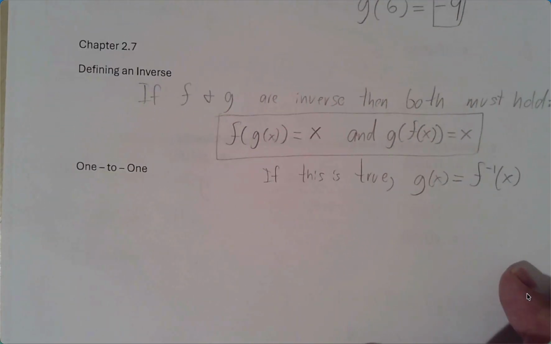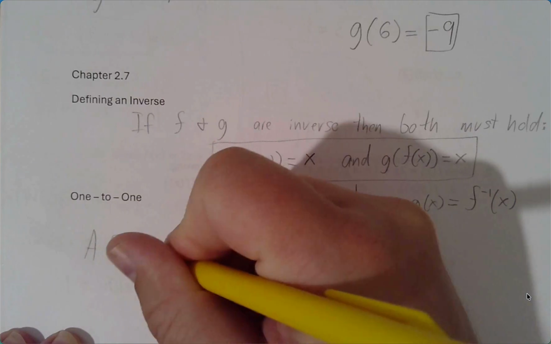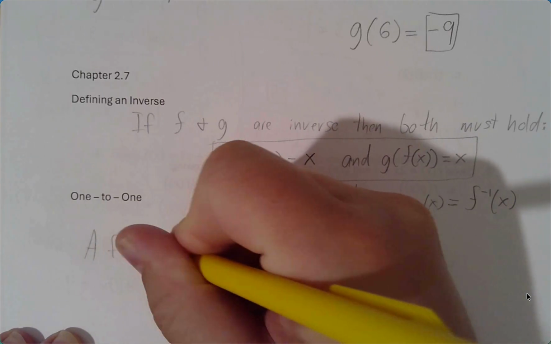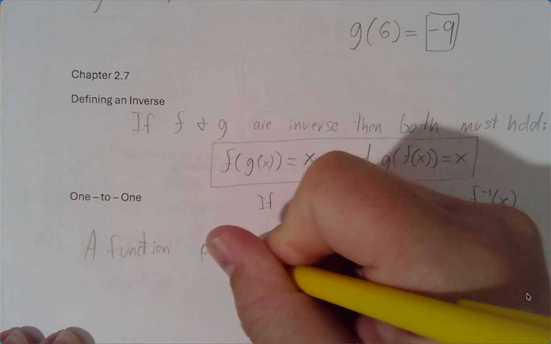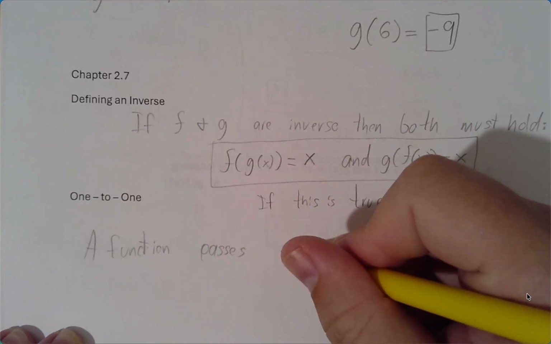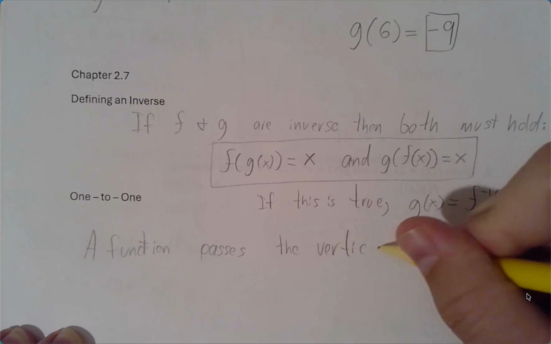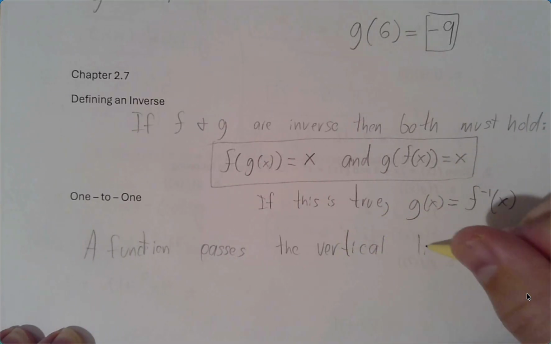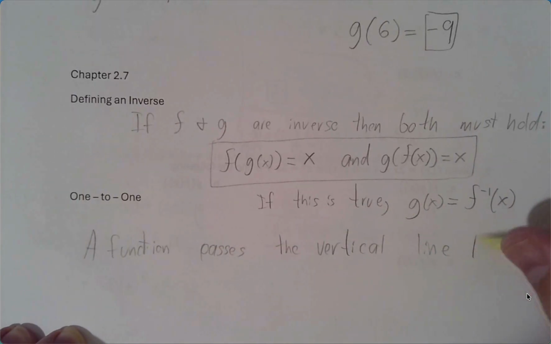That's one quick definition. We'll say it like this: a function passes the vertical line test. Well, number one, it had to, because if it didn't pass the vertical line test, it wasn't a function in the first place.